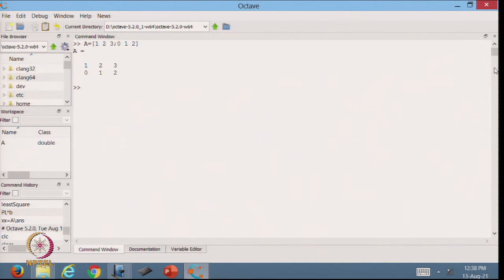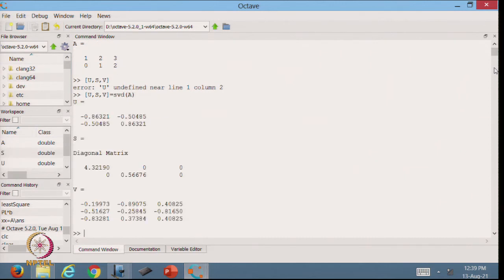Now, I want to find out what is going to happen in this case. I take U, then I write S, and then I take V, equal to SVD of the matrix A. So, this is my matrix.